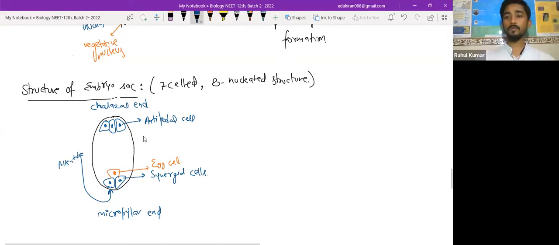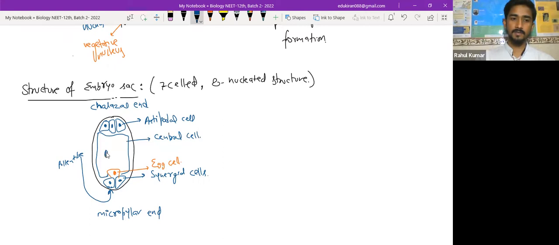Yes. Now we can make one more cell, which is the central cell. So this is the central cell. It is the biggest cell, and it has 2 nuclei in the center.